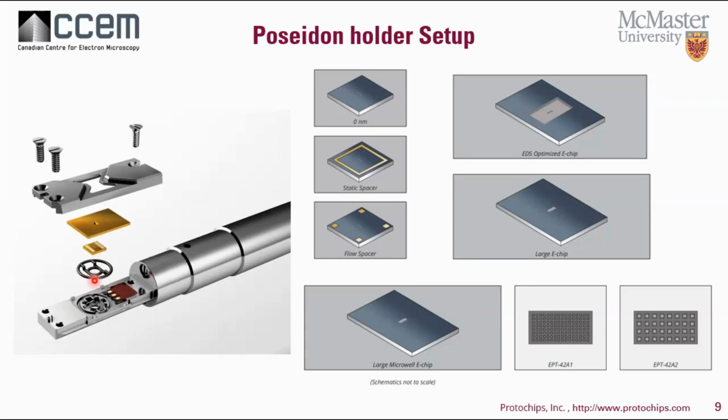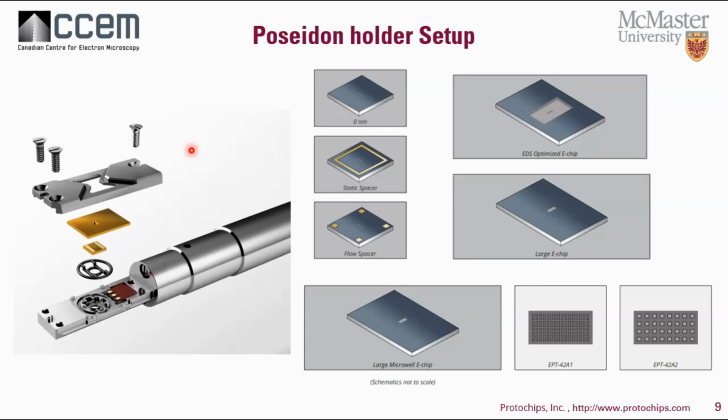A sealing gasket provides the seal to isolate the liquid from the vacuum of the microscope. A lid is attached with 3 screws to keep the assembly in place. A special lid is required for direct sight with the EDX detector, and I will talk about this a bit later in the EDX session.